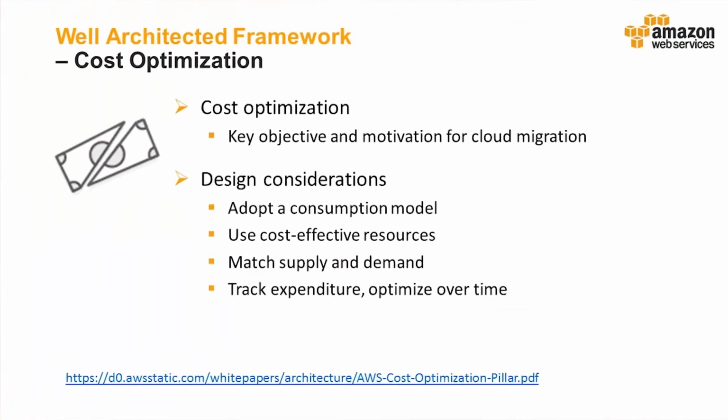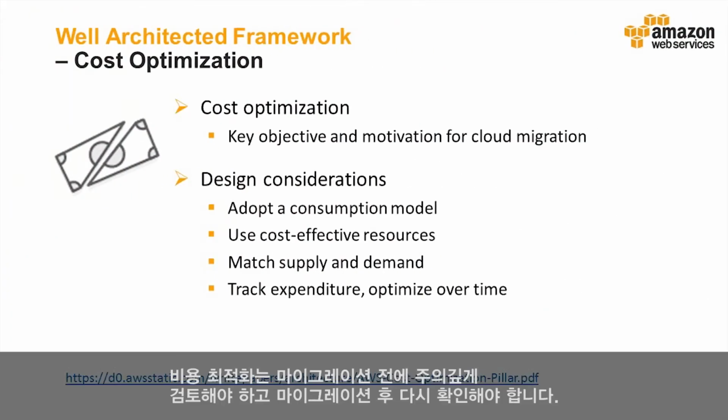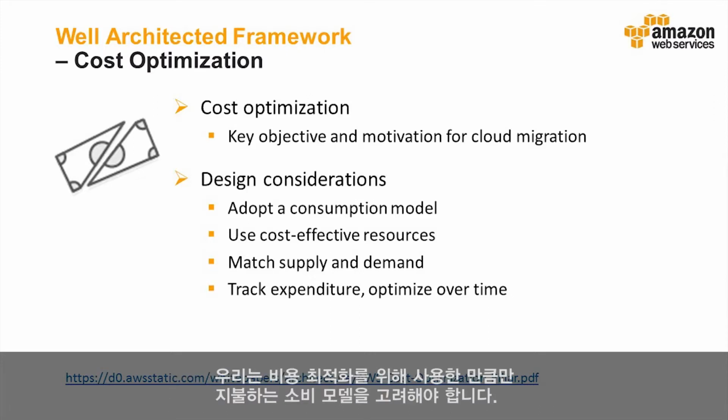Cost optimization is a key motivating factor in the mind of many customers to migrate their applications from on-premises to the AWS cloud. Cost optimization needs to be carefully examined prior to migration and revisited post-migration. For cost optimization, we shall consider a consumption model that is pay as you go.